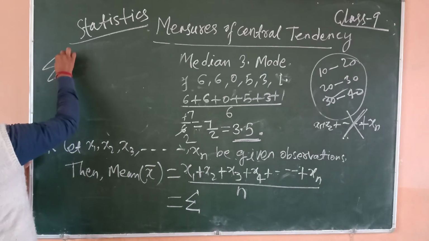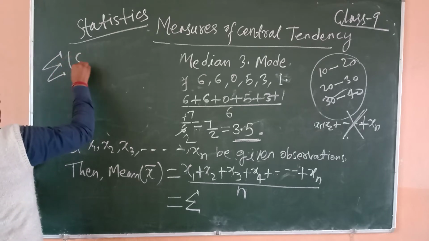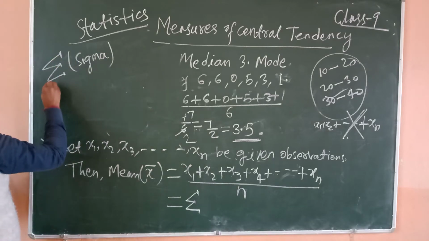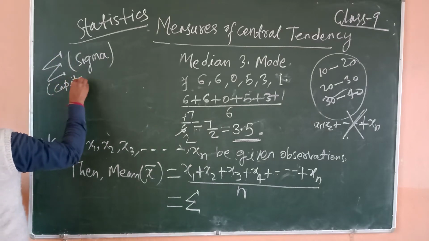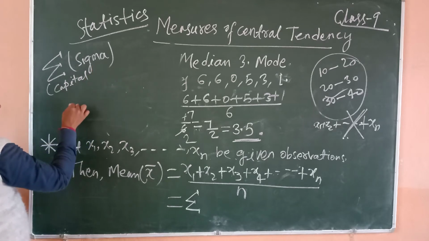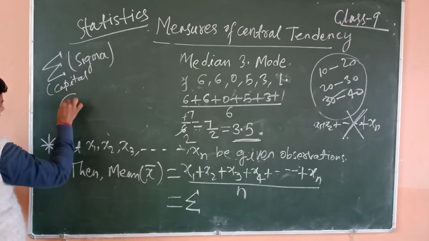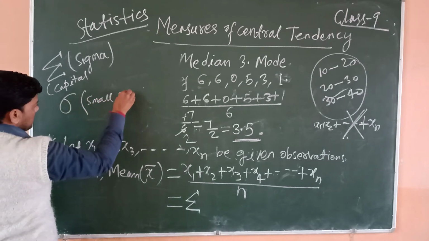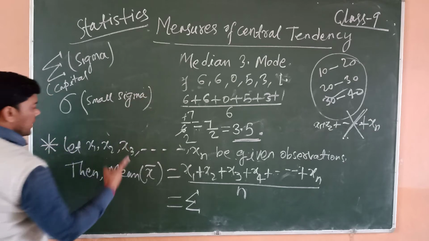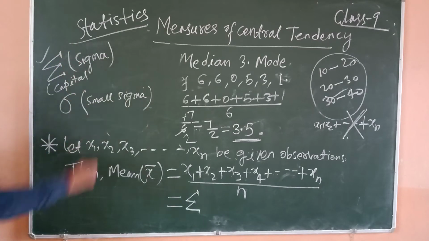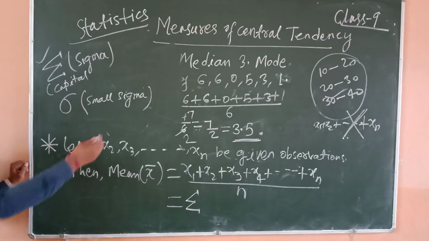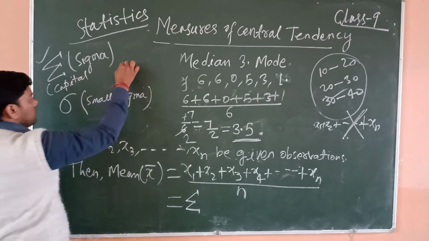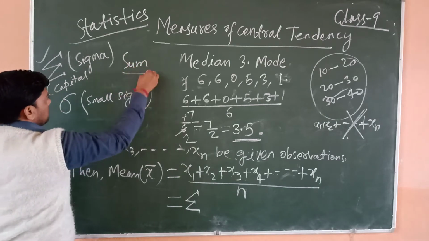It is capital sigma. A small sigma is like this, but here we have to use only capital sigma, not a small sigma. Sigma is used for sum.